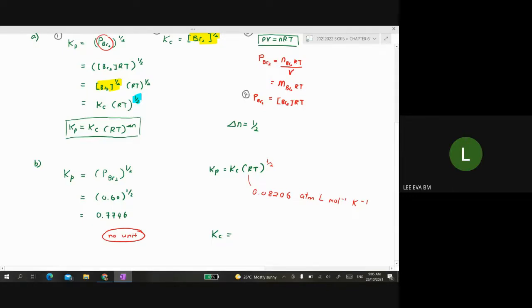Kalau dia sudah bagi 1/2, then that means your derivation stop until this part. Kalau dia bagi delta N, you stop until this part. Value delta N sama je. Okay, madam. Alright. Anyone got the values, Kc?